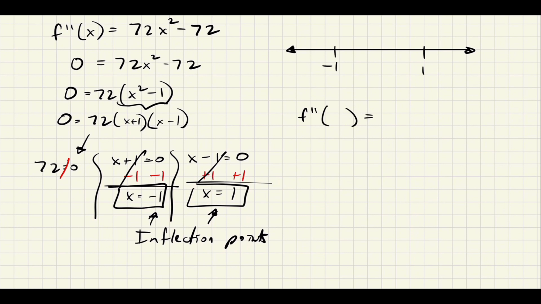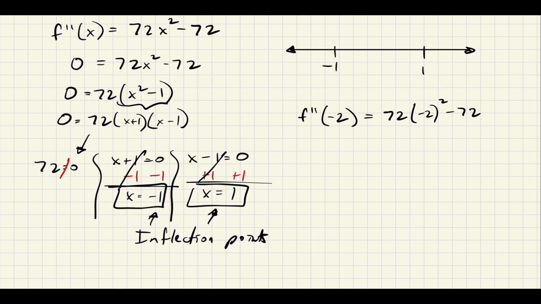Okay, so I'll choose negative 2. I'm going to plug that into the second derivative. Again, all I care about is if it's a positive or negative number when you're doing this. You don't have to actually finish, like, oh, I don't have a calculator. You don't need one because you're just trying to see, will I have a positive or negative number? Okay. So we do exponents first.